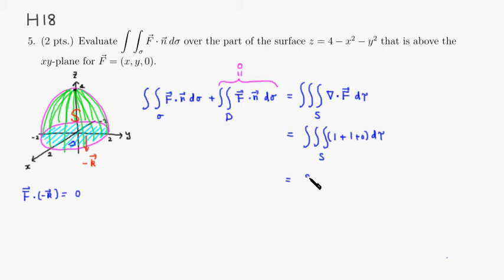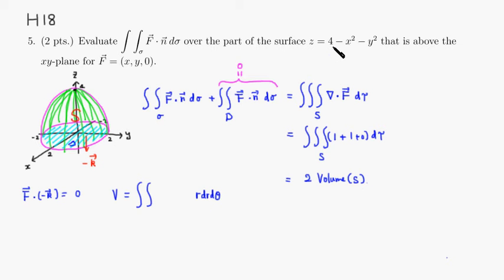So that's going to be 2 times the volume of the solid S. Now we have to find the volume, so this is going to be a double integral. I'm going to call the volume V. Since it's a disk, I'm going to use polar coordinates, so the area element would be r dr d theta.